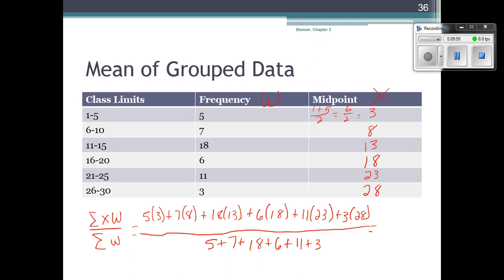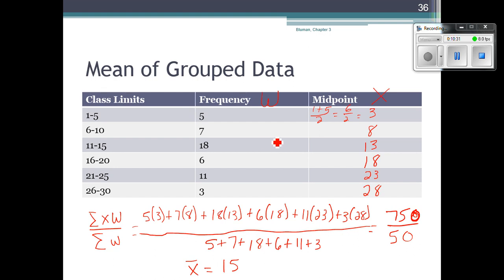I got 750 for the top number and 50 for the bottom. So that means that our mean would be 750 divided by 50, which gives us 15. So that is the mean, or the average, of this.